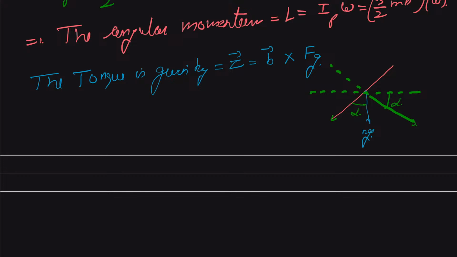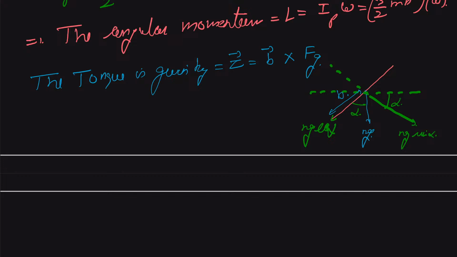One will be our mg cos of alpha, and the other one will be our mg sin of alpha, and this distance is our b.